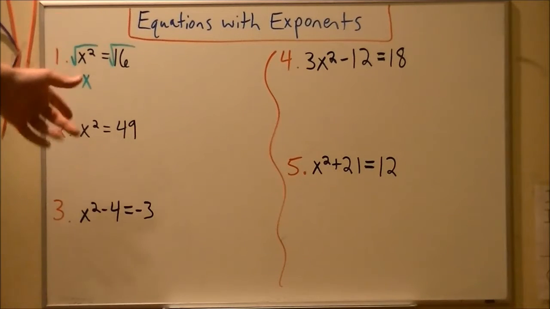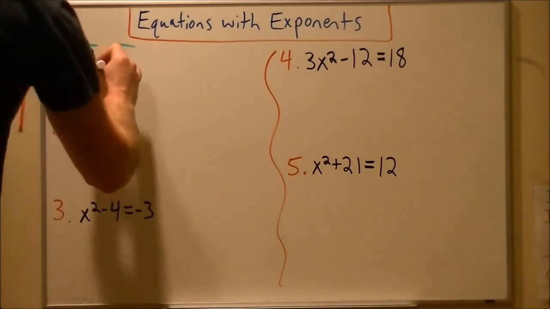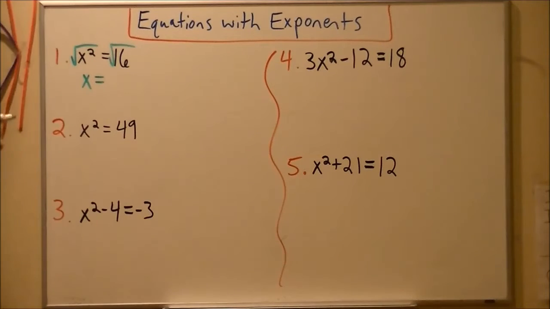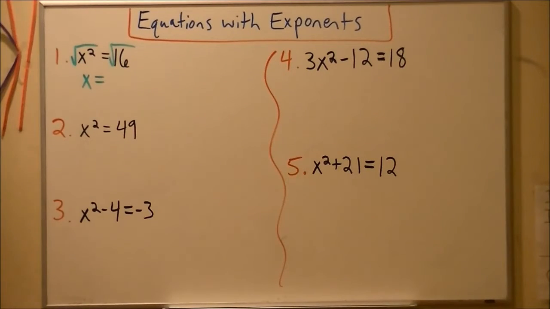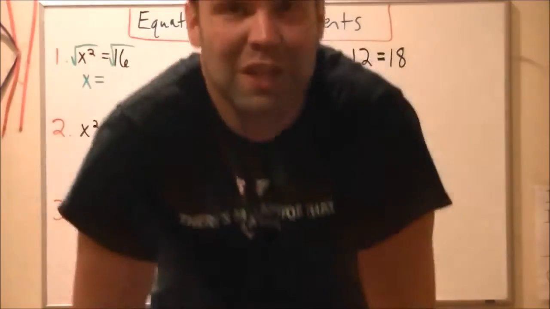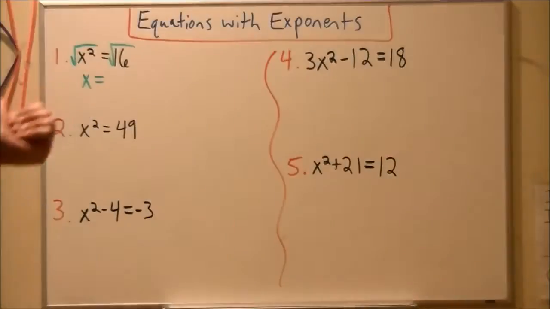And guys, in this one, it's so easy. These first two are one-step equations. All I have to do to solve for x is just square root the number 16. You might be asking yourself, how in the world do I do that? Hey, we've been doing that for the last two class periods, so it's really not going to be that difficult.